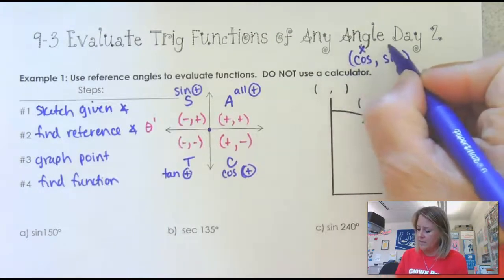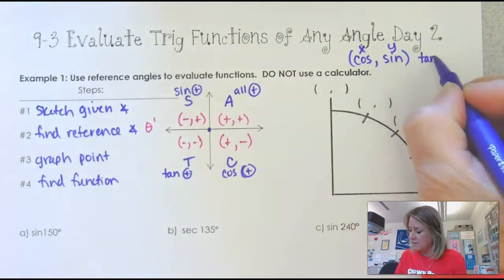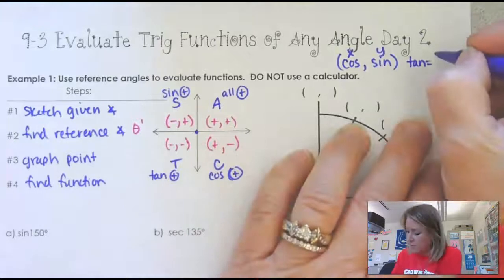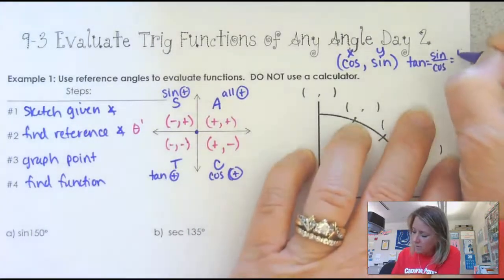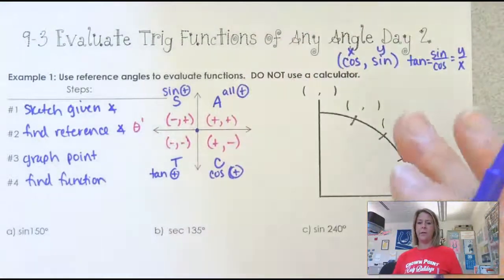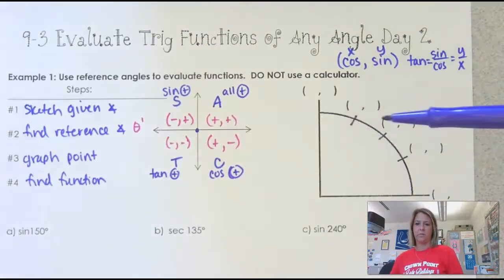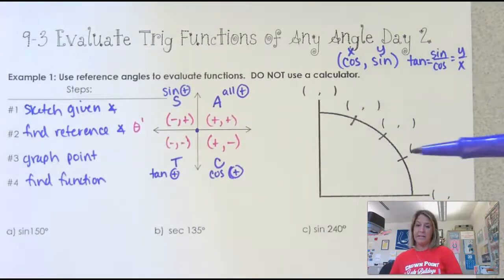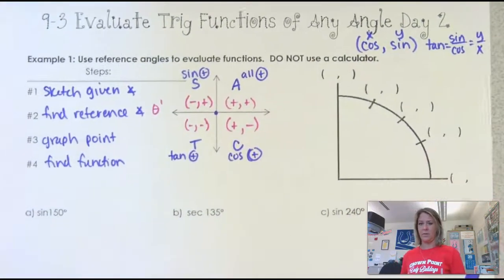So cosine is x, sine is y. Tangent is sine over cosine, or y over x. So those are the important aspects, and we can always find the reciprocal for secant, cosecant, cotangent. But if you can remember these, that should help a lot.